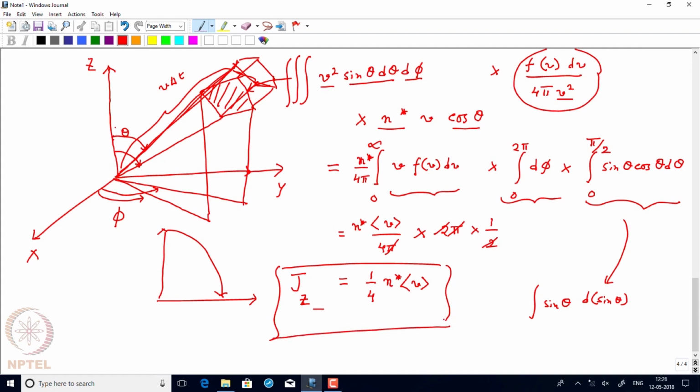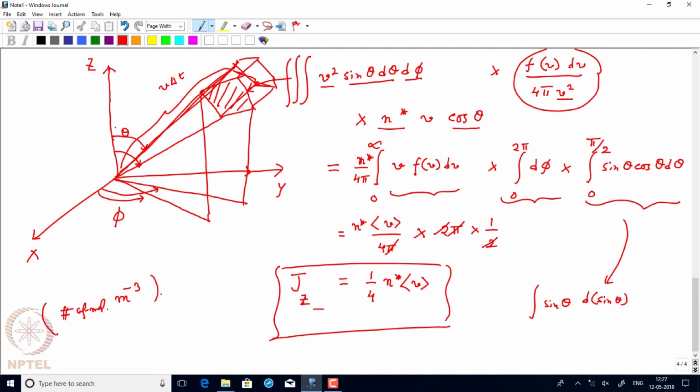Now let us quickly check the dimensionality, in the sense that what we just got, the flux, is connected to n star. 1/4 is a number. n star is a density. If you remember, we just calculated the total number of molecules by taking the volume of the cylinder multiplied by the density. Density means per unit volume, so 1/centimeter cube or 1/meter cube. Let us use the meter cube notation. So it is basically number of molecules per meter cube.